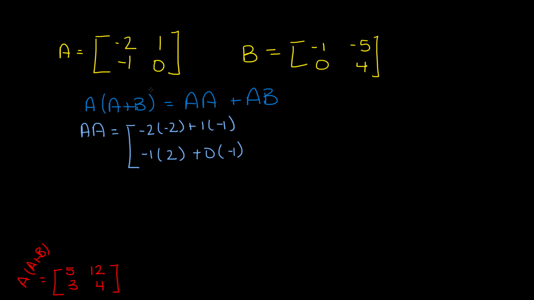Oh, this is playing tricks on my mind because I'm trying to think going down, across, going down, across. Okay, the next one is going to be -2 times 1 plus 1 times 1. And the last, 1 times 0, going down. And then we're looking at -1 times 1 plus 0 times 0.